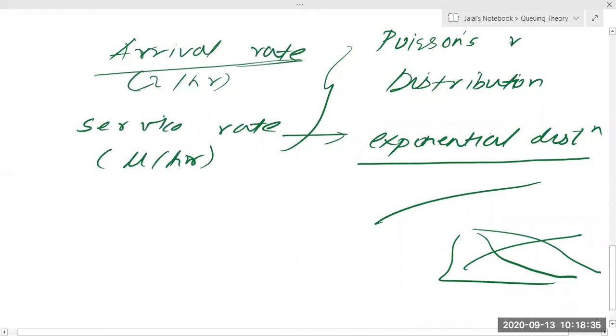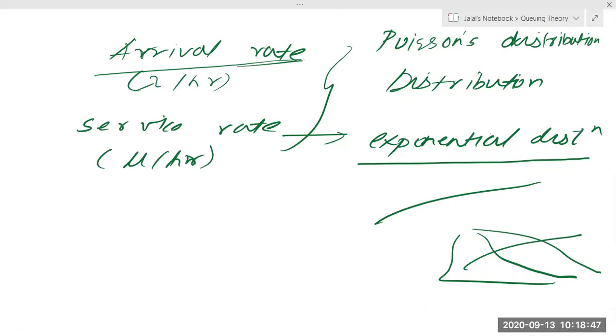So there are two kinds of distribution: Poisson's distribution for arrival rate, and exponential distribution for service rate.